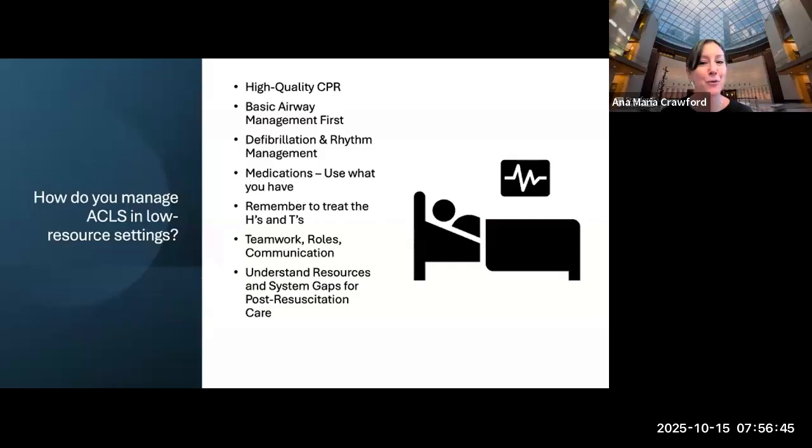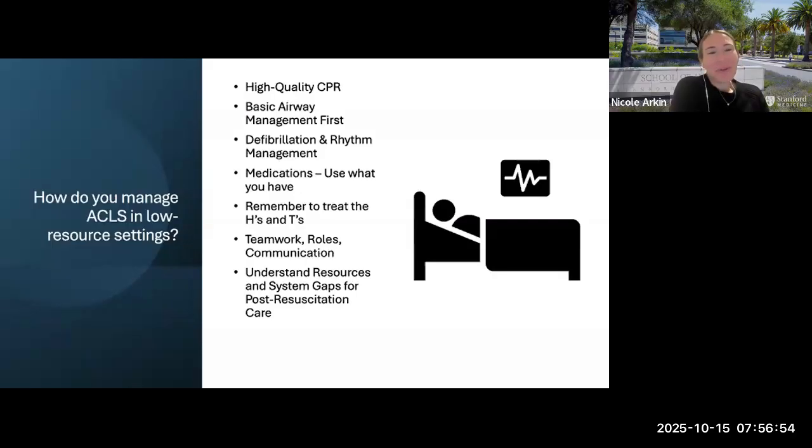Dr. Arkin, can I ask you, what do you teach when you tell people about closed loop communication? What does that mean to you? Closed loop communication is a style of communicating in an emergency setting where, let's say, I'll say, Dr. Crawford, will you draw an ABG?